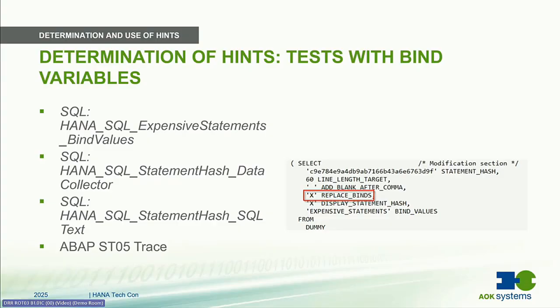You can have such variables from expensive statement bind values. Maybe you can find them in the result of the statement hash data collector, or you can generate the statement with bind variables.